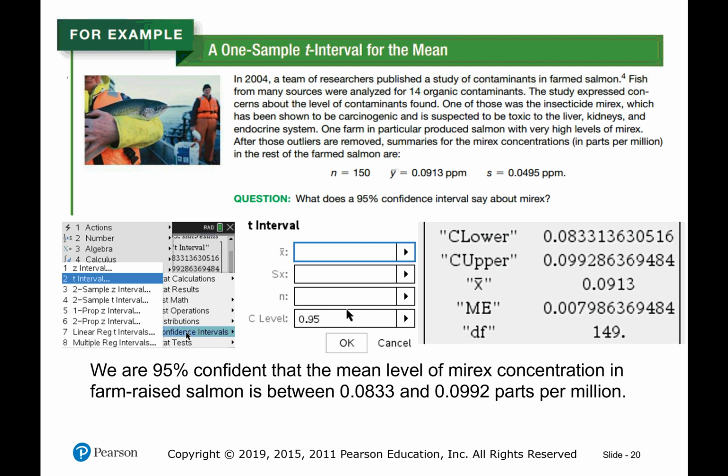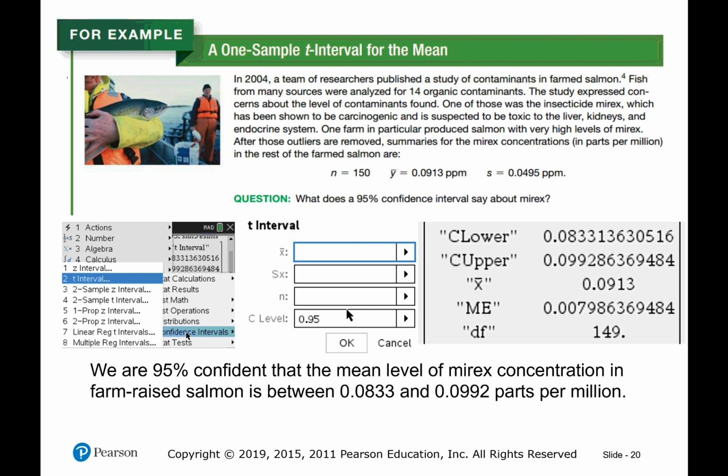All right, let's look at this example here. In 2004, a team of researchers published a study of contaminants in farmed salmon. Fish from many sources were analyzed for 14 organic contaminants. They expressed concerns about the level of contaminants found.